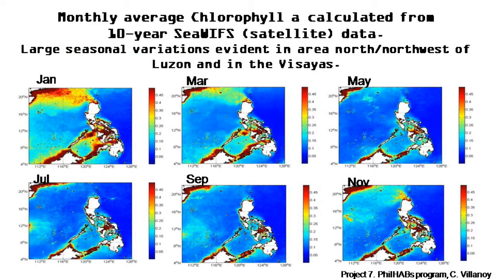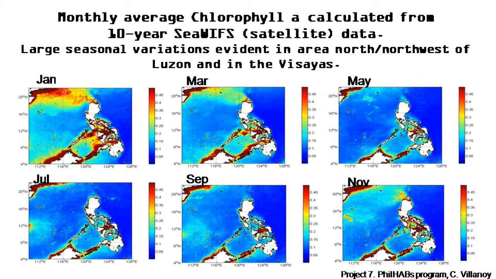Here in the Philippines, I'd like to just show a few of our results from our previous project on harmful algal blooms, using satellite imagery through Dr. Villanoy and Dr. David's lab.